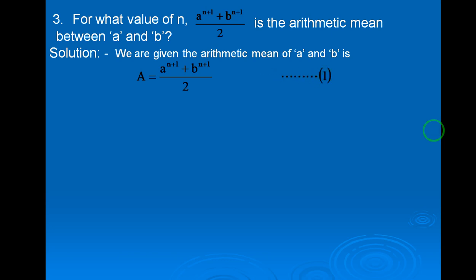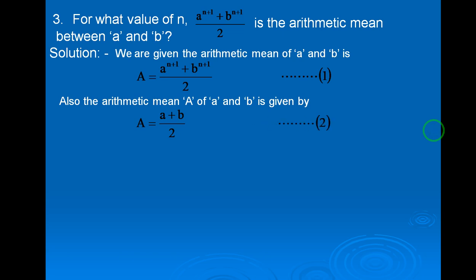Put this as equation number 1. Also the arithmetic mean capital A of small a and small b is given by capital A = (a + b)/2. Put this as equation number 2.